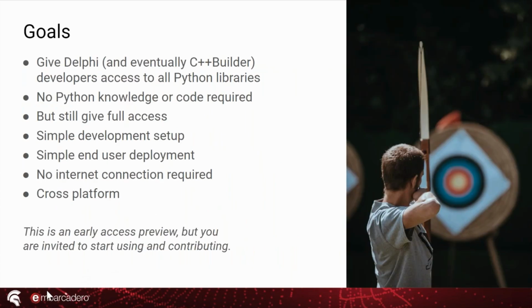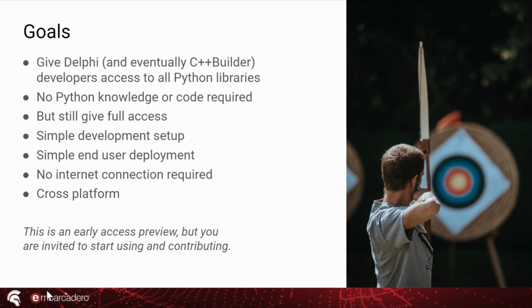So our goals with these projects were to give Delphi and eventually C++ developers access to all Python libraries. And the idea is, I like Python. Python's cool, but maybe some of you are like, I don't want to mess with Python. I just want to do cool stuff in Delphi, and I don't want to understand using white spaces for structured programming and all that stuff. So that's fine.